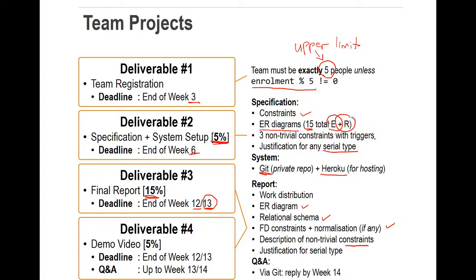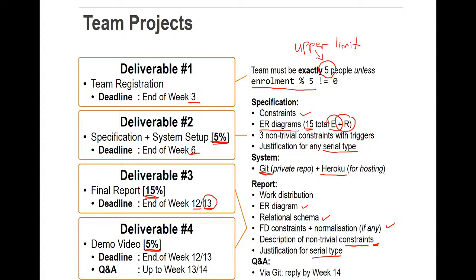And I also want you to write down how you enforce this with a trigger. And again, you just have to rewrite the justification for the serial type. And then we're going to do the Q&A at the end, using a demo video.